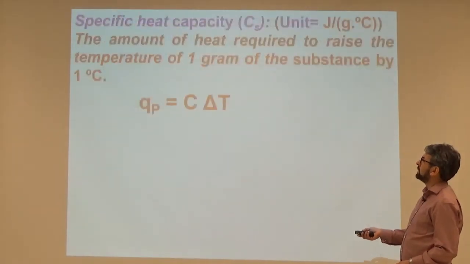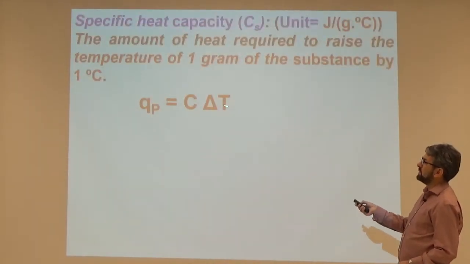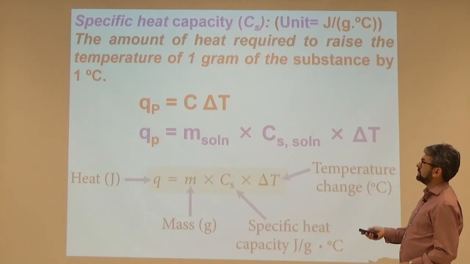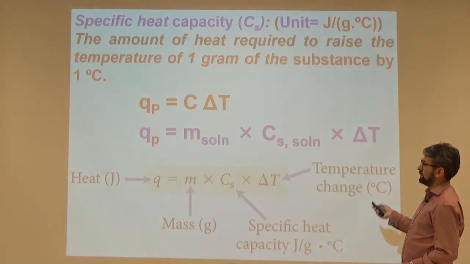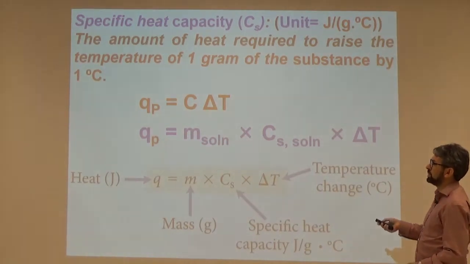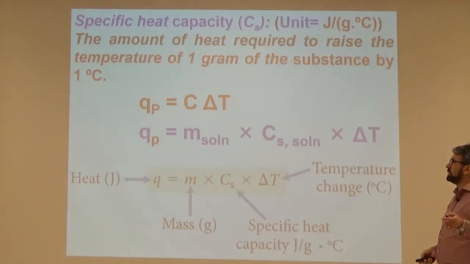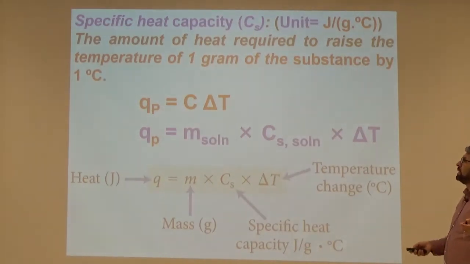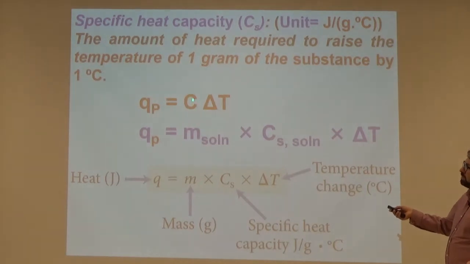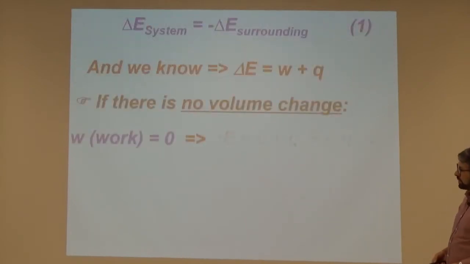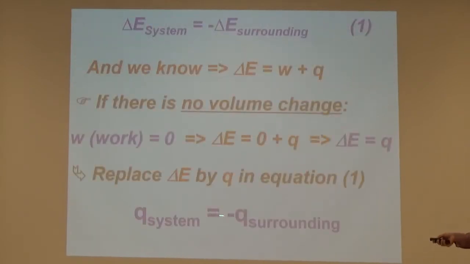Q is equal to C delta T, or Q equal to n C_s delta T. It's up to you which one you want to use, and you need to look at the question and see whether you have the heat capacity or a specific heat capacity. So I can replace any Q by n C_s delta T or C delta T. Again, it depends on the question. So I got Q of the system equal to minus Q of the surrounding.